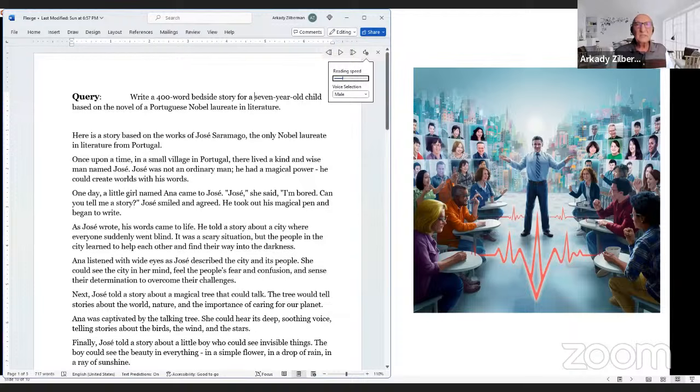Reading speed is extremely important because we have to use special English. I don't know if you remember that special English is a term which was coined about 70 years ago by Voice of America Broadcasting Company.